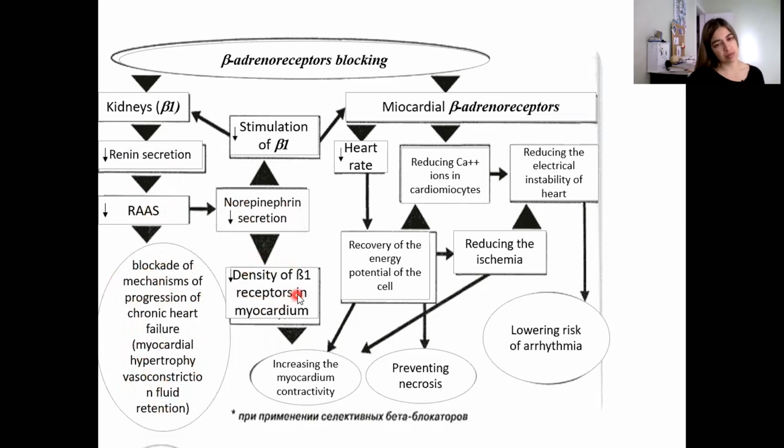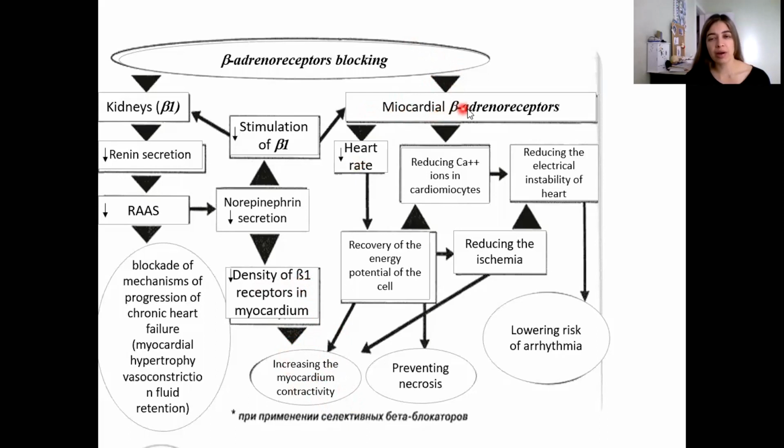This decreases the beta-1 receptors in the myocardium. This helps to increase the myocardial contractility, because when we have more beta-1 receptors, they are less sensitive, and when we have fewer of them, they are more sensitive.